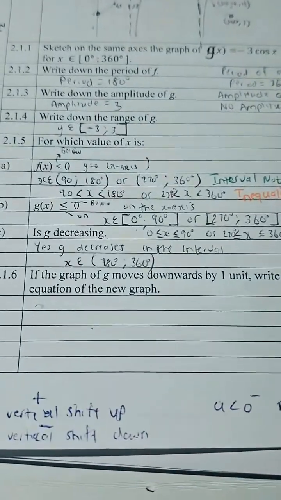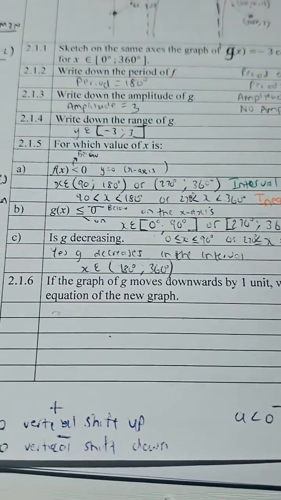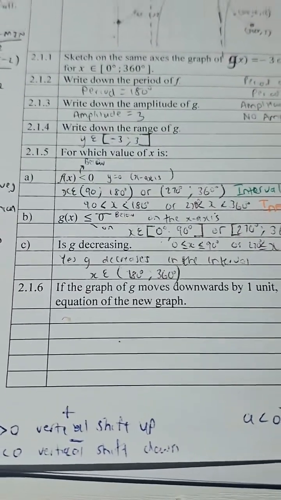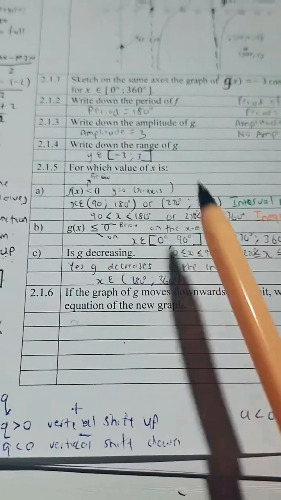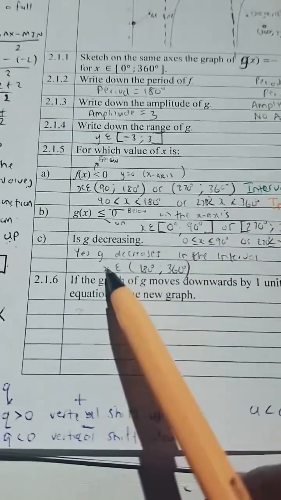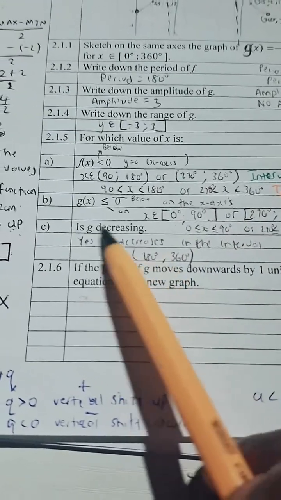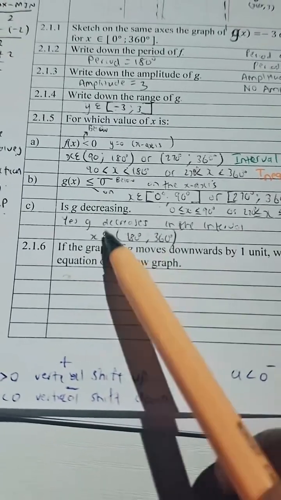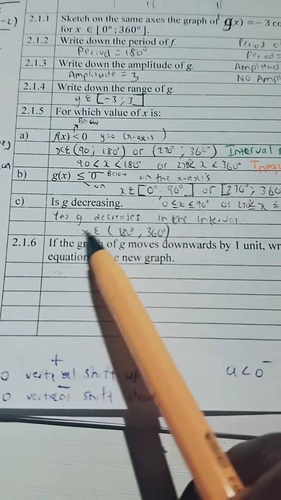And there we have it. Okay. And obviously in the other interval, from 0 to 180, the function is increasing. But we wanted to underscore the decreasing part of the function. So yes, G decreases in the interval x is an element of 180 to 360.